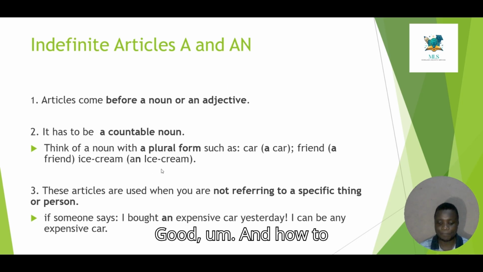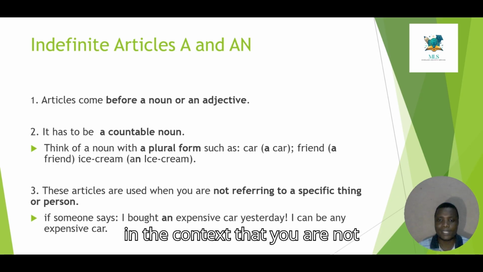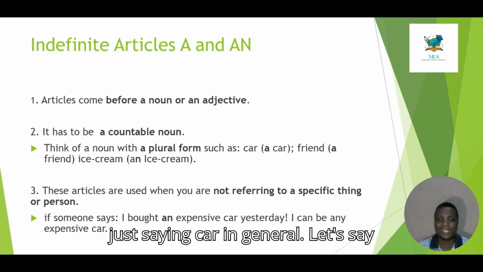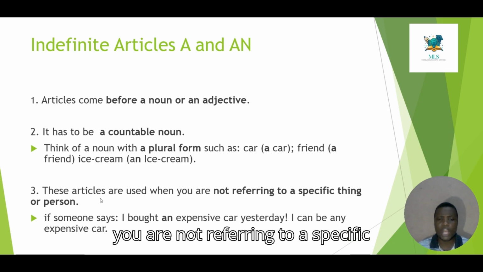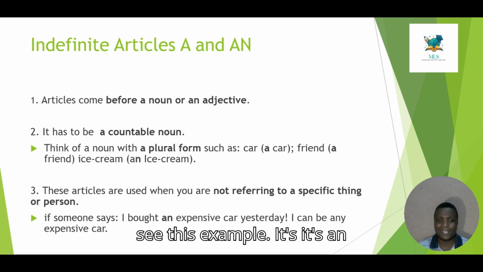Good. And how to use these ones? You use them in a context that you are not referring to a specific car. You are just saying car in general. Let's see number 3 here. These articles are used when you are not referring to a specific thing or person, right? Let's see this example. It's an interesting one.